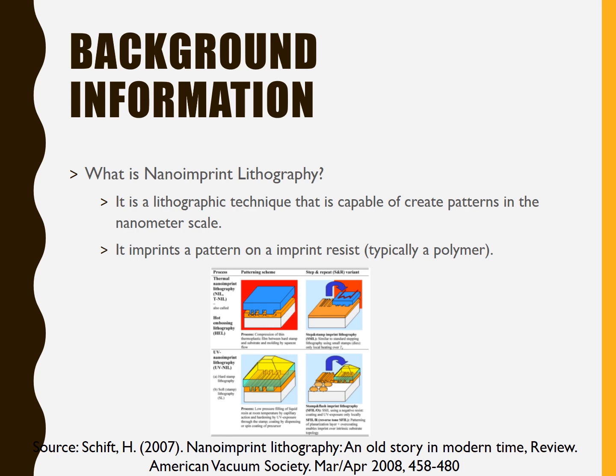In the NIL process, a prefabricated mold containing an inverse of the desired patterns is pressed into a resist-coated substrate to replicate the patterns via mechanical deformation. That mechanical deformation is right here, as you can see.